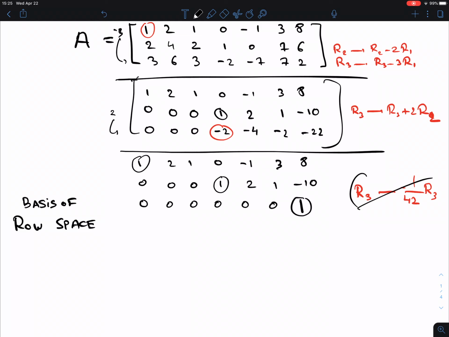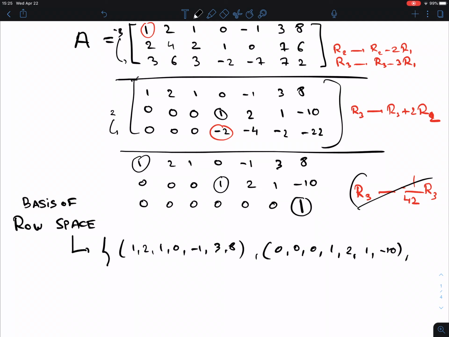These are the basis. So we have as a basis here 1, 2, 1, 0, negative 1, 3, 8. That's the first one. 0, 0, 0, 1, 2, 1, negative 10. And then finally 0, 0, 0, 0, 0, 1, 2, 4, 6 zeros. Okay, that's the basis of the row space.